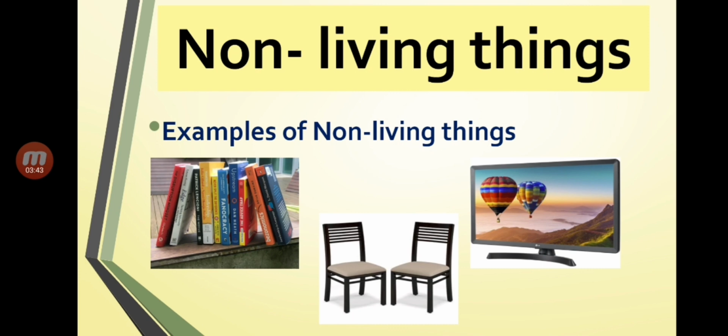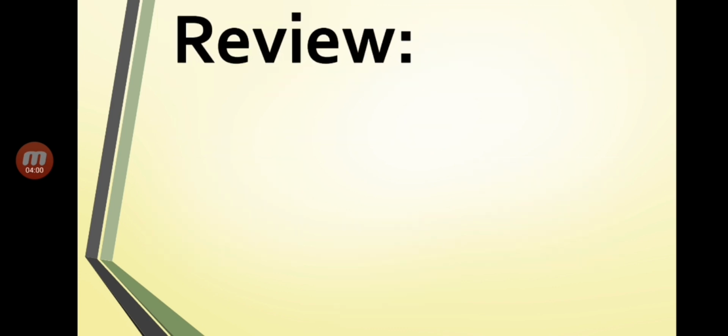Now, did you understand what living things and non-living things are? Before we proceed to our activity, let's have a little review about our topic. I will show you a picture and you answer me what group these belong to, living thing or non-living thing.